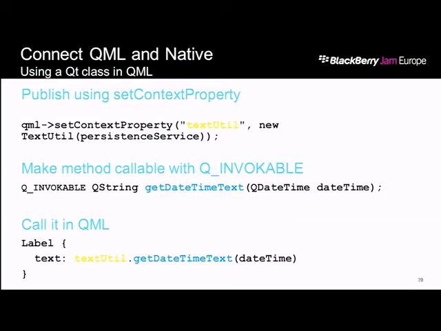To make a function callable from QML, you use Q_INVOKABLE, it's a macro, and you just write it in front of your native function name to make it callable from the QML. So in this sample here, the textutil is called to get the datetime text from a date and then print it out as a string on this label.